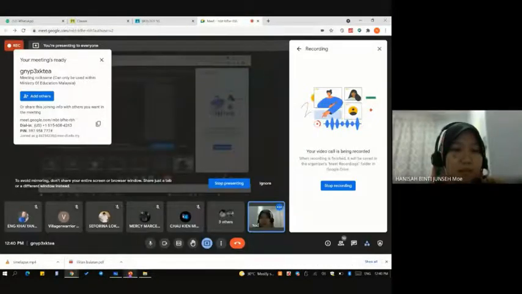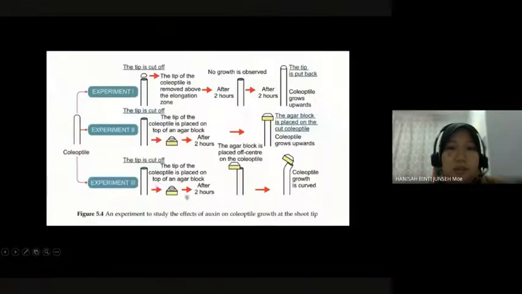Okay. So experiment 1 shows here the shoot, and the tip is cut off. Meaning it wants to show you that the tip of the coleoptile has been removed. After 2 hours, no growth is observed.